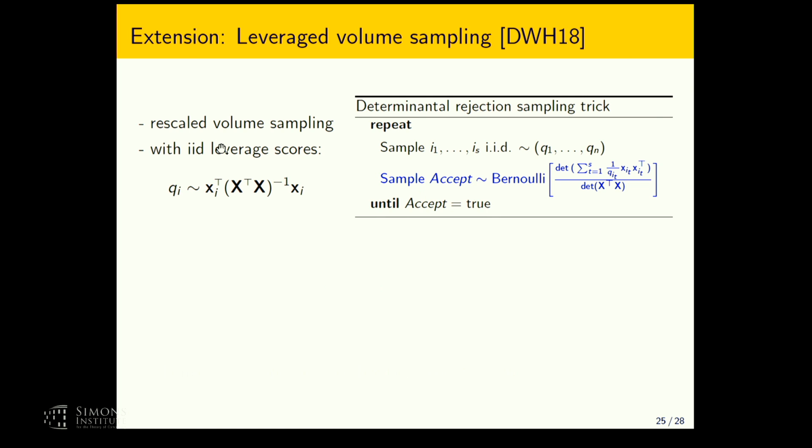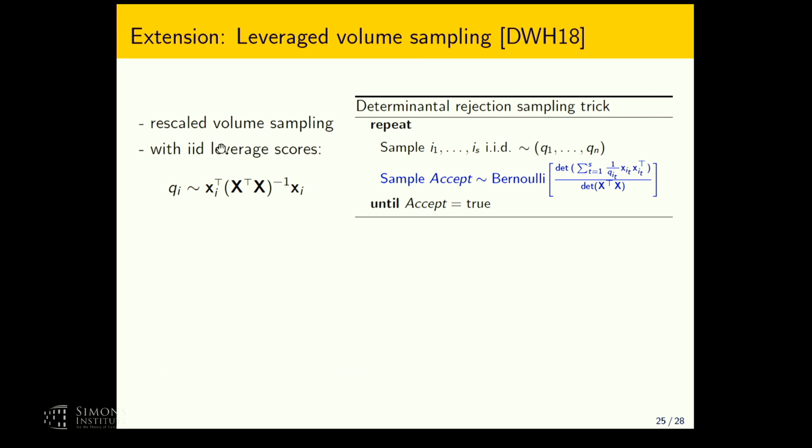But in fact, we can do more than that. If I sample enough leveraged score samples, I can transform that sample using rejection sampling in such a way that it's exactly a volume sample. And then all of the unbiasedness properties come through.